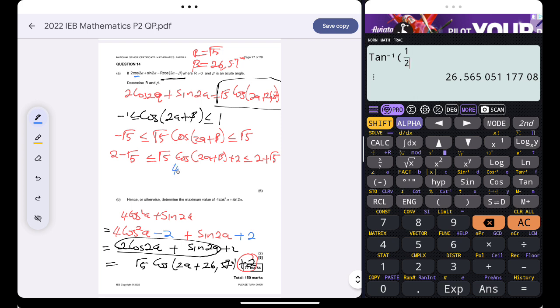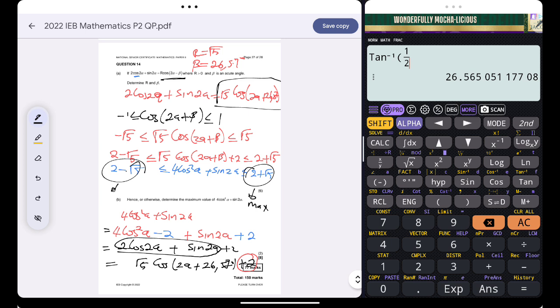So I'll simply write here 4 cos squared A plus sine 2A is between 2 minus root 5 and 2 plus root 5, right? They wanted the maximum. So this one will give me the maximum, and this one is the minimum. It's good. I don't know why they give you 2 marks for such a question, but the maximum is that one, the minimum is that one.